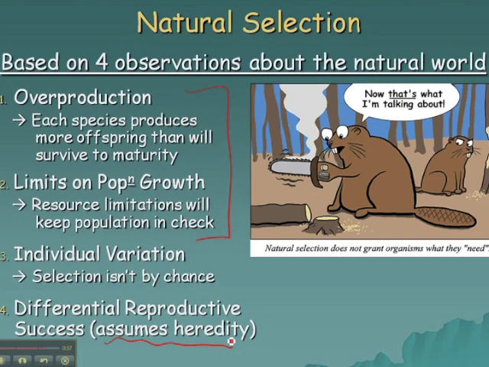The only way that that can actually work for the entire species as a whole is if it's able to pass on those genes to its offspring, and therefore its children will also have a longer neck because that trait was passed on by genes. If that wasn't true, then that one giraffe with a long neck would survive, and well, good for it, but nobody else.